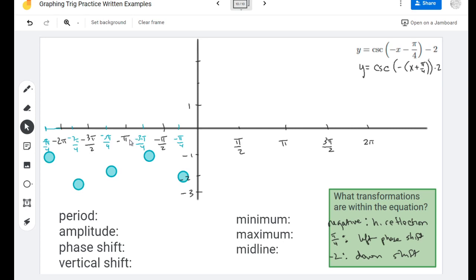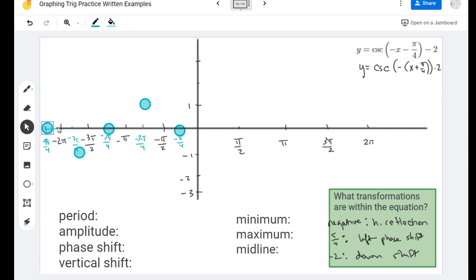So what I need to do is back up before that downshift. Alright, so I'm going to scoot these back up too. Sorry, and the reason why will be apparent in just a second. Okay, so this is back to where it was before we scooted everything down.